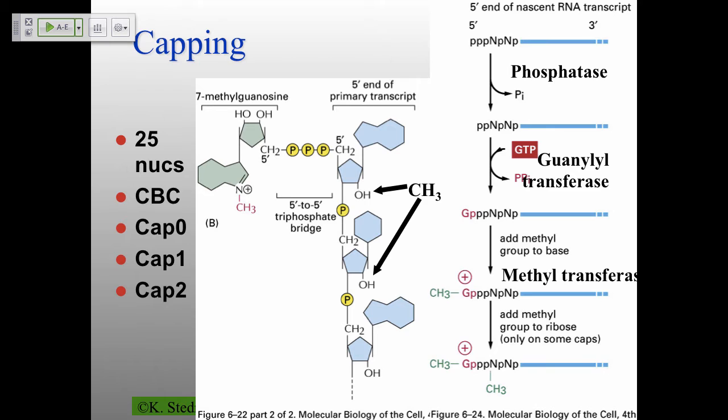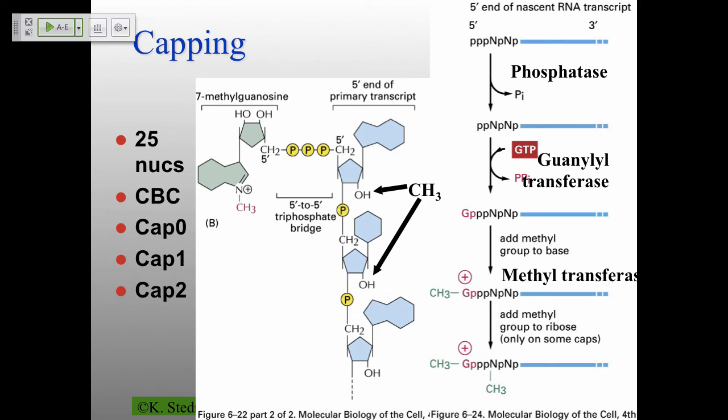Well, with a 5' to 5' bond, there's no longer a 5' phosphate to actually interact with. So that's one thing that's done. Also, this provides a very specific structure that other proteins can interact with. Those other proteins are called the cap binding complex, which we'll see is really important for getting that messenger RNA outside the nucleus and making sure that it gets translated properly.